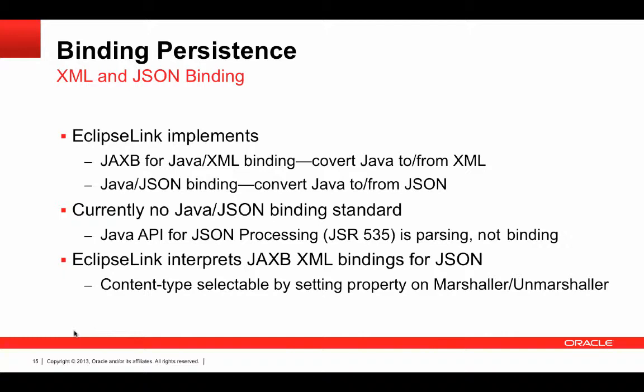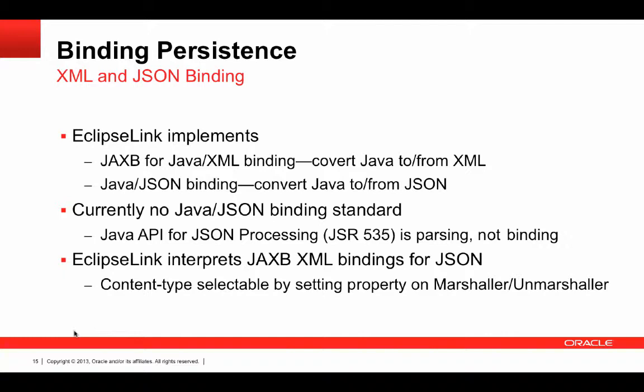Now, there is no standard for dealing with JSON binding today. Java EE 7 introduced the Java API for JSON Processing with JSR 353, but this is really just dealing with parsing, similar to how JAXP dealt with XML processing. JSON-P deals with the JSON side of processing, but there is no binding standard in this space.